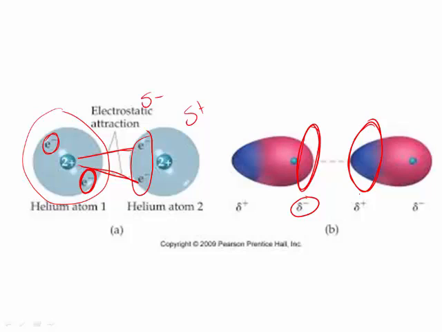Notice that most of our electron density is away from the left side of the second atom right here, and so that positive and that negative will cause our dispersion forces. This is our dispersion force between those two. Now as soon as they get back balanced, no problem. You won't see that dispersion force anymore, but while they are off balance you will see them attracted to one another.